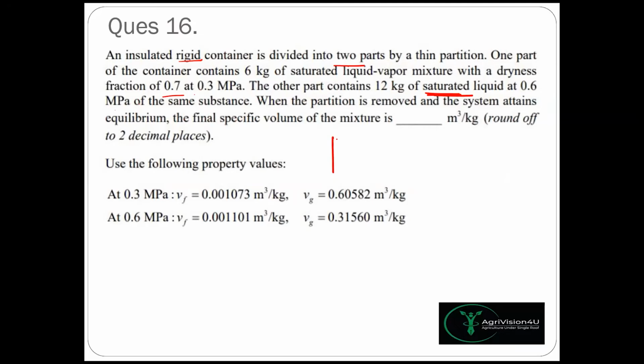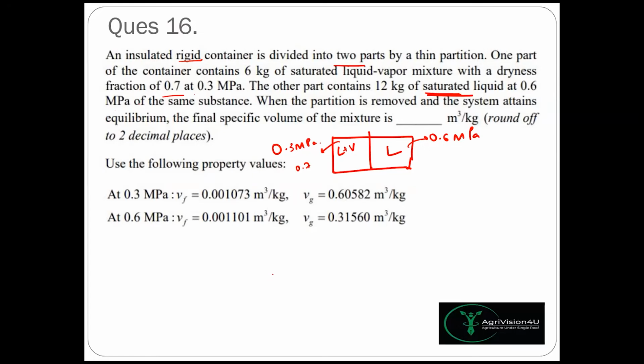That means initially we had two parts in this box. Here we had our liquid plus vapor mixture, and here we had only liquid that was at 0.6 megapascal, and this liquid vapor mixture was at 0.3 megapascal with dryness fraction as 0.7.